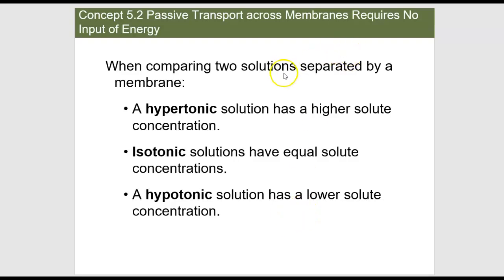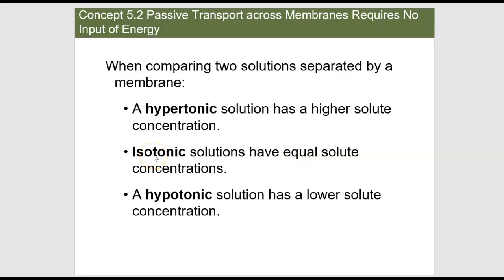When we're looking at solutions that have a membrane in between, we can use these terms to try to understand them. A solution that is hypertonic means it has a really high amount of things dissolved in it, a high solute concentration.